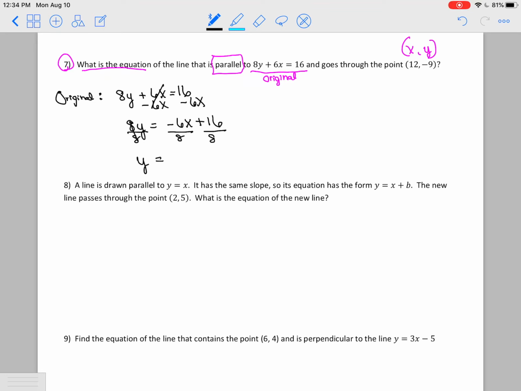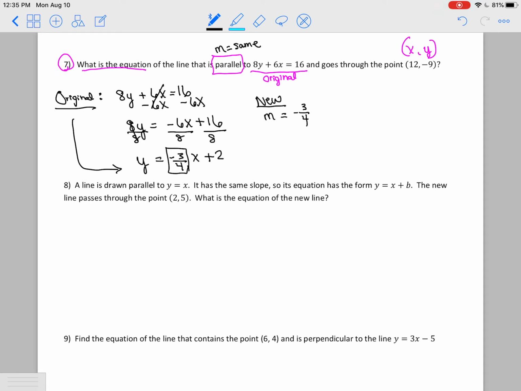Both of those numbers are divisible by 2. So we're going to have negative 3/4 x plus 2. So here is my original equation. Okay, and remember, when we're trying to find a line that's parallel, we know that our m is the same. So we are already set in our new equation, right? We know that m is going to equal negative 3/4 because we need that same slope as the original.